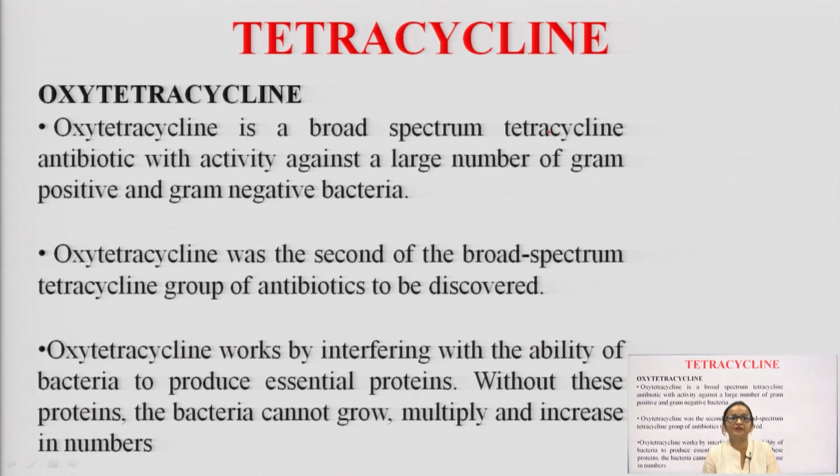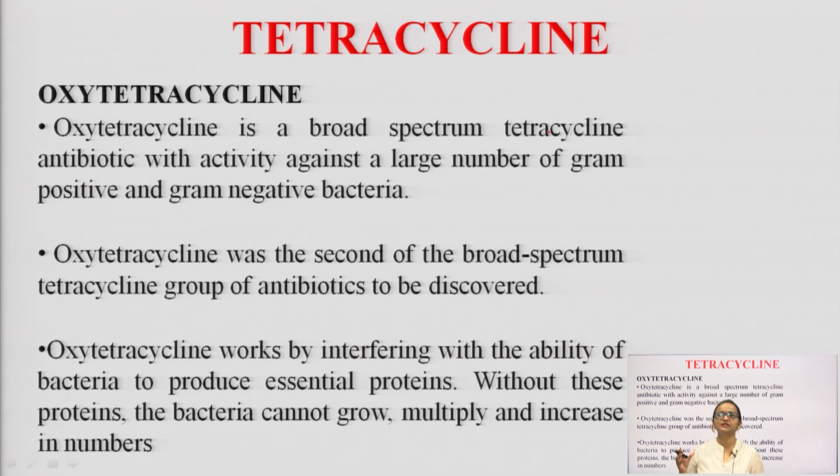It works by interfering with the ability of bacteria to produce essential proteins. It is a fact that whether you are a host or a bacteria, proteins are the main engine which keeps you alive. If these proteins are not synthesized, neither a bacteria nor a host can survive for long.